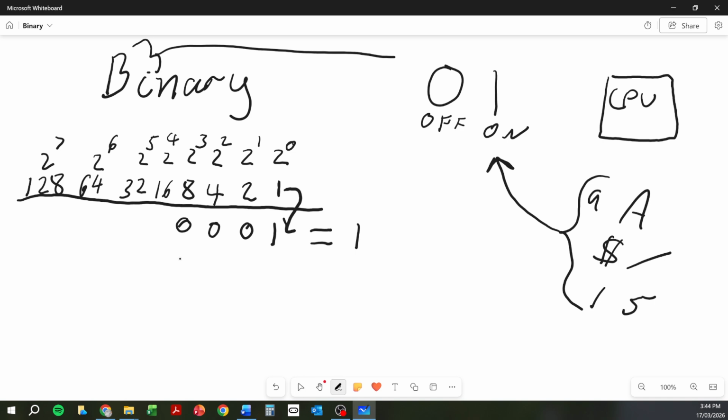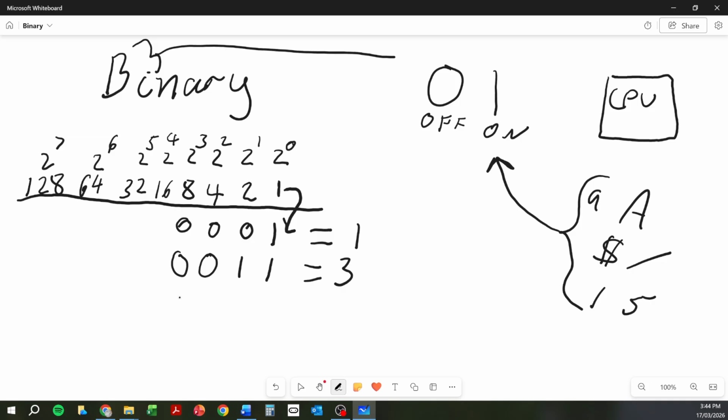Now to represent 3, we have to do something a bit different. We've got a 2 plus a 1 equals 3. So it's important to say here that that is not 11. That is part of 0011. And in computer speak, that is a 3.